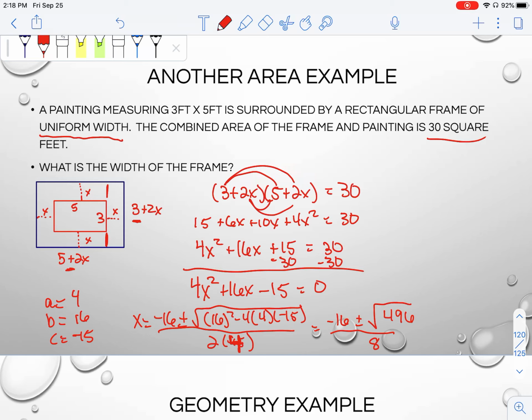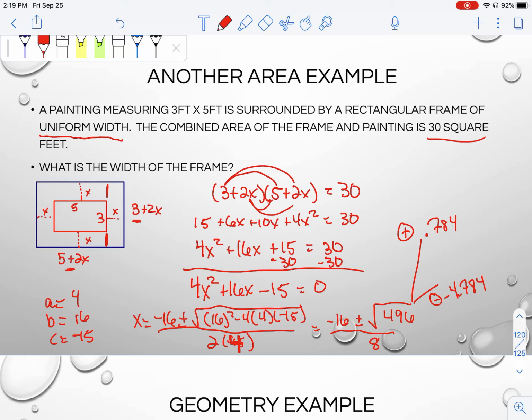So the square root of 496 is not perfect, so I'm just going to do the addition, do the subtraction, and then we'll adjust the answer. So you can type this in, negative 16 plus the square root of 496, hit enter, divided by 8, you should get 0.784. If you do the subtraction, you get negative 4.784. Okay. So which one of these answers actually makes sense?